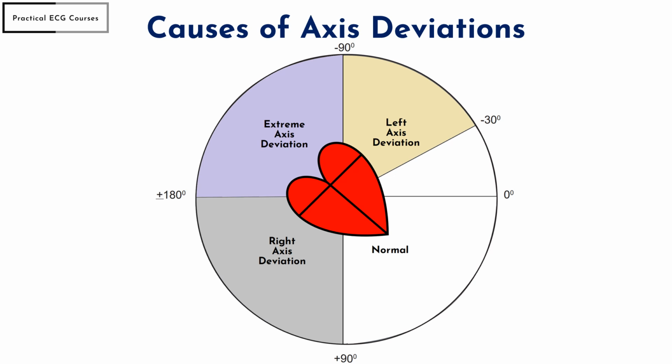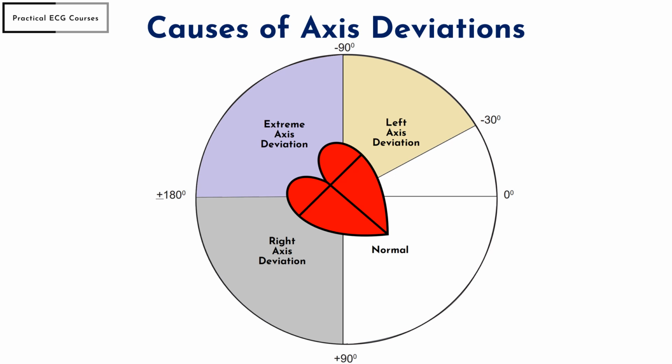This is commonly seen in conduction abnormalities, where one side of the heart is not getting any impulses, or can also be seen in some cases of old infarction. Infarcted tissue is dead tissue and does not conduct impulses. So all the vectors will be moving somewhere else and the axis deviates in that direction then.